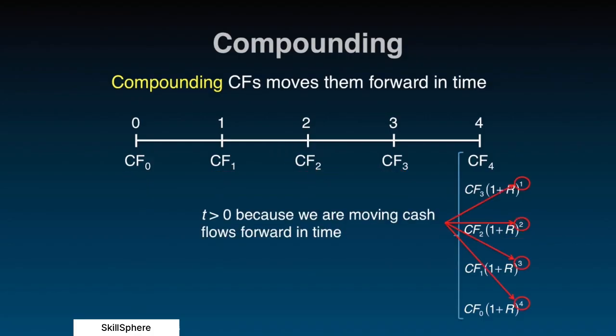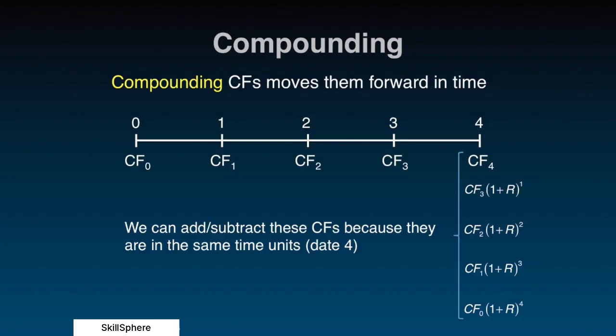More generally, all of the exponents are positive, again, because we're moving all of the cash flows forward in time. Now, I can add all of these cash flows because they're all in the same time units, namely, date 4 time units.